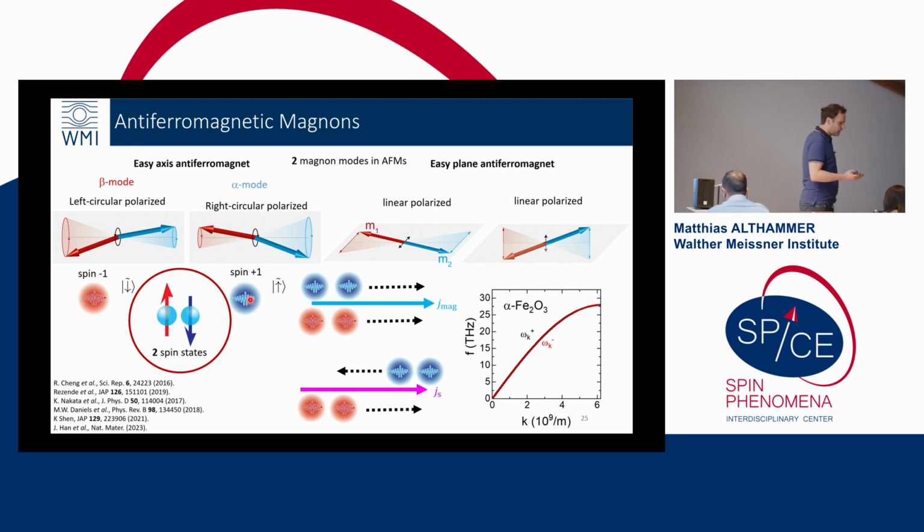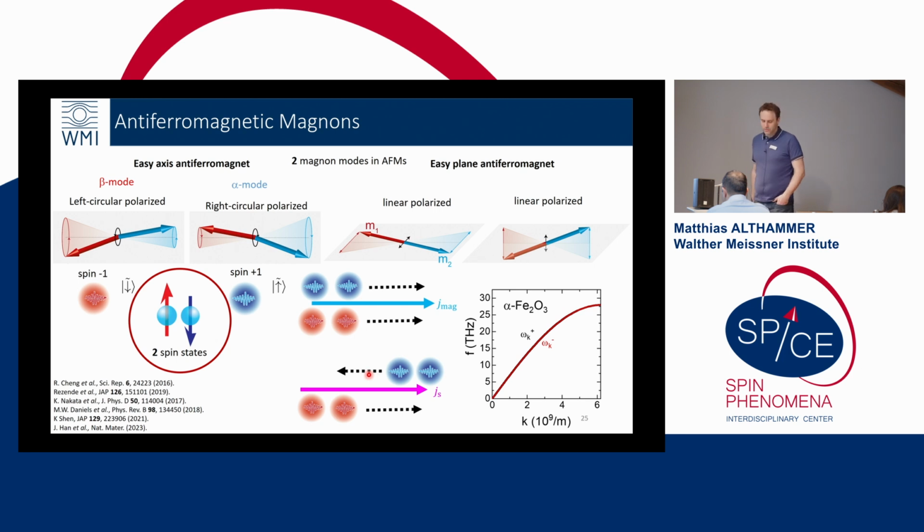This is very similar to the two electronic spin states in the system, so spin up and spin down electrons. So this also allows you to envision either a so-called pure magnon current, where you have the same number of spin up magnons and spin down magnons moving in the same direction. In this way, there will be no spin transported, only energy in the system.